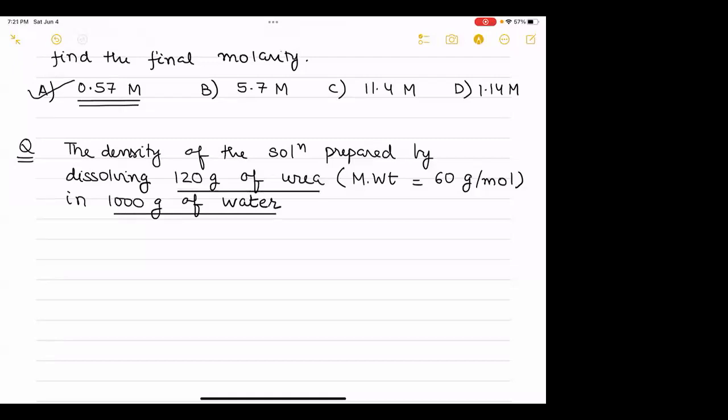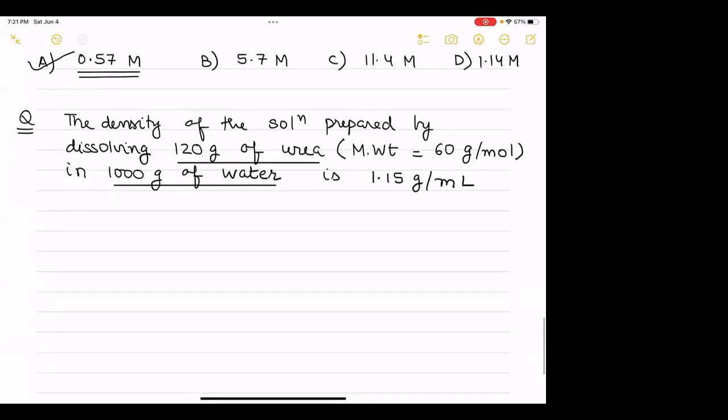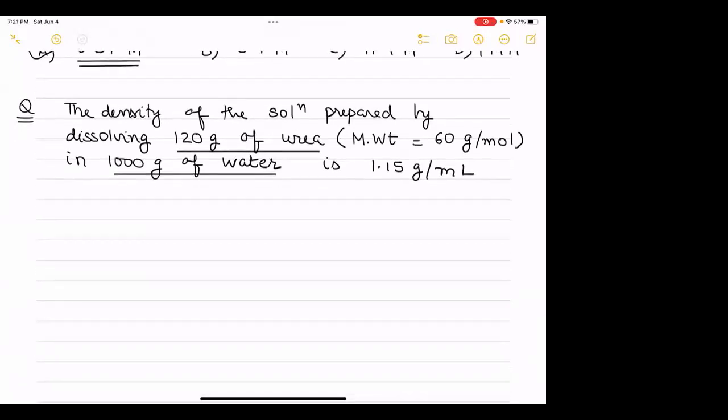Be careful. And the solution which you get has a density of 1.15 gram per ml. This is the density of the resulting solution. So what is the molarity of this?